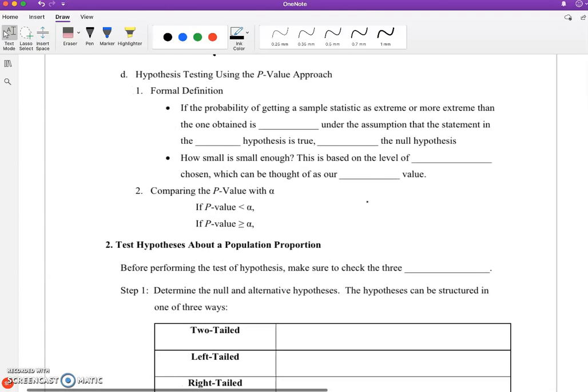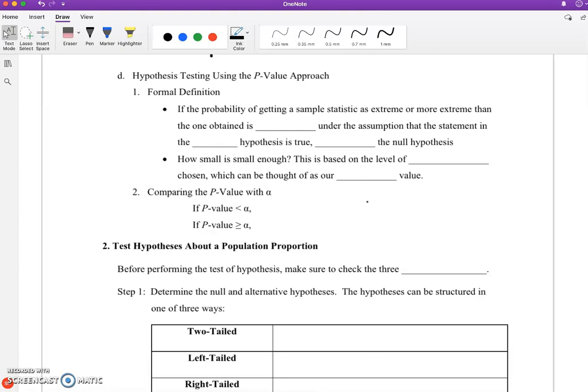So, the formal definition for hypothesis testing using the p-value approach is: if the probability of getting a sample statistic as extreme or more extreme than the one obtained is small, under the assumption that the statement in the null hypothesis is true, then we reject the null hypothesis.